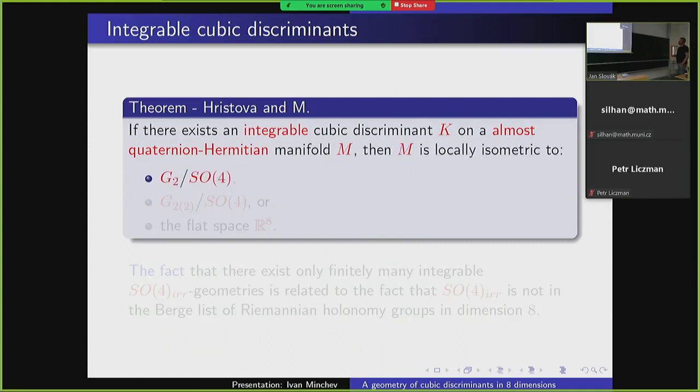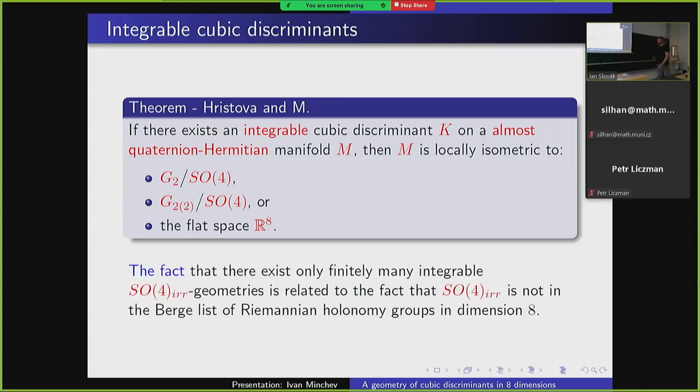It turns out that if we have an integrable cubic discriminant almost quaternion-Hermitian manifold, then M has to be locally homothetic, not isometric, but it doesn't matter, so locally equivalent in a way, either to the whole space or to the Alekseevsky non-compact version of it, or it has to be the flat space, of course. So there are only these 3 possibilities. This might sound surprising, but not actually if you think of it from the other perspective.